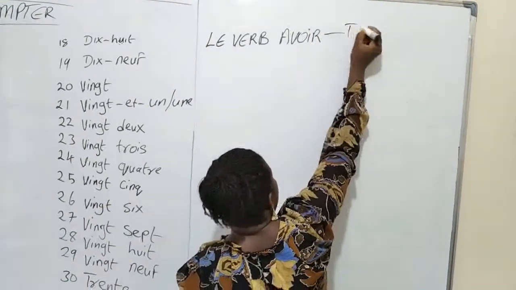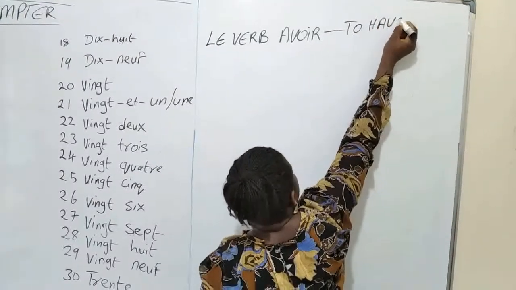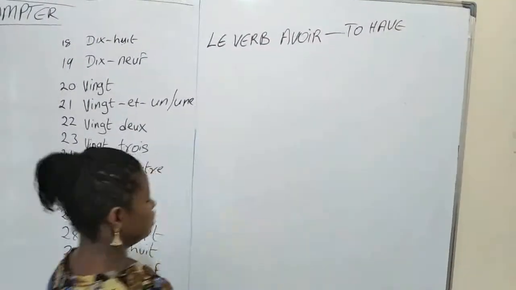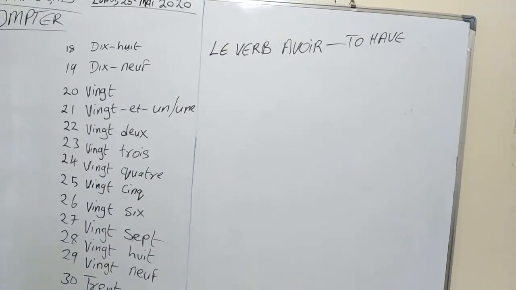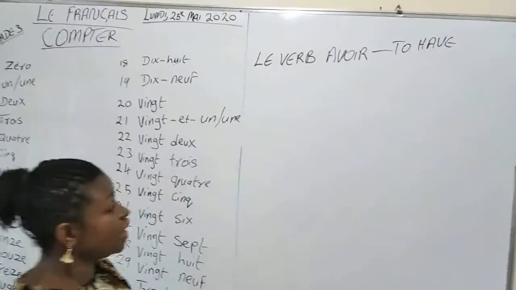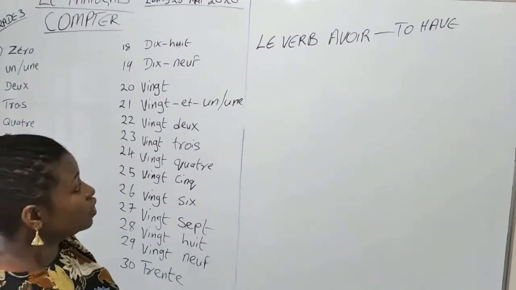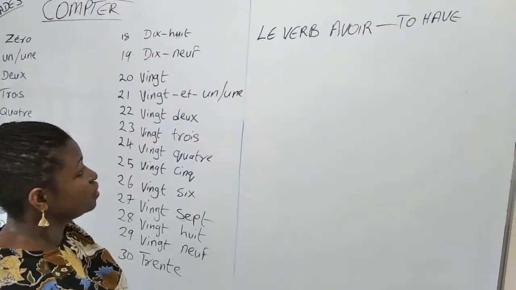It means to have. To have. Okay, we are going to be conjugating this verb avoir. Let's conjugate the verb so that we will look at the three things I told you.